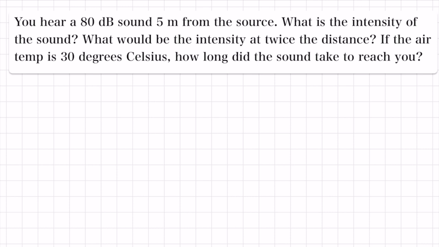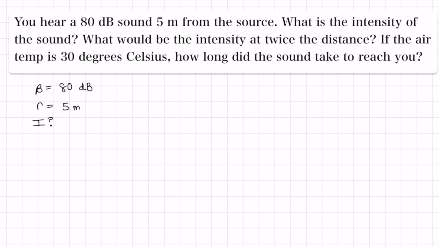So at first, we do have this sound level here. Beta is 80 decibels. We have a distance, which I'll call R. And we want to know what I is. So we first don't even really need that R to calculate I because we don't have the power.